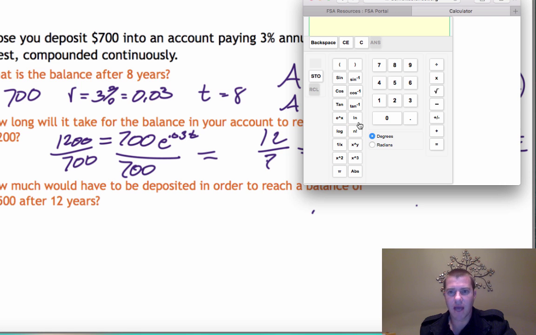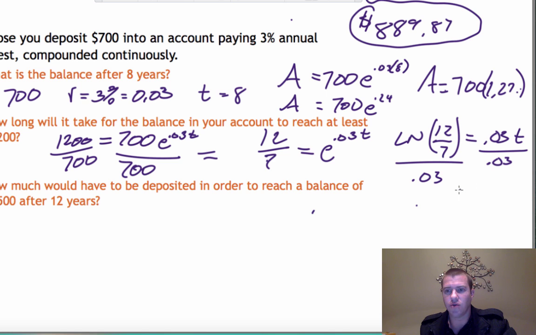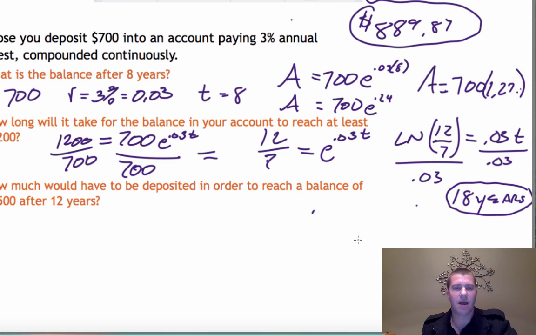So I have ln of 12 divided by 7, divided by 0.03, equals, and I get 17.966 years. I'm talking about the t here, so I'm going to round up to 18 years. You're going to need that 18th year in order to reach that amount.